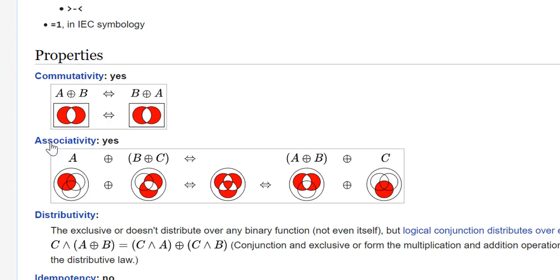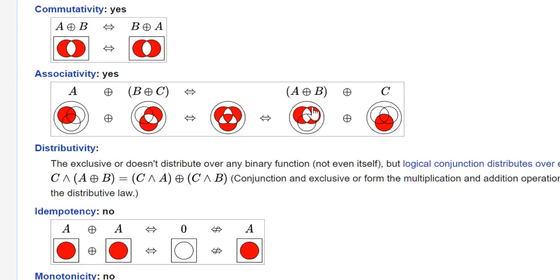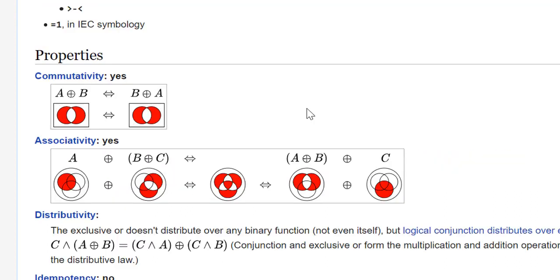What we care about is associativity. This property says that A XOR B XOR C is equal to A XOR B XOR C. In other words, we can actually get rid of the parentheses and it doesn't matter. Okay, it's like sum. We can get rid of the parentheses with no problem at all.